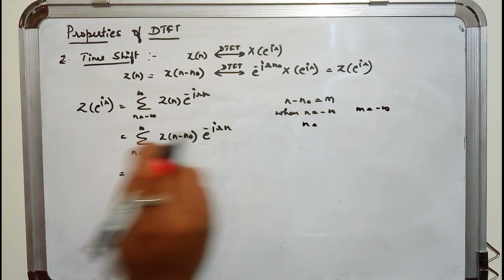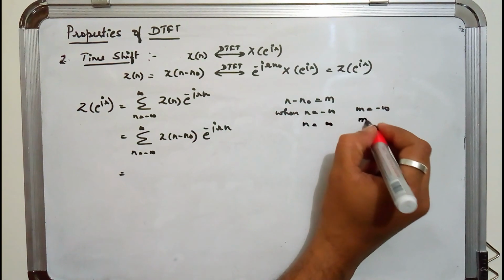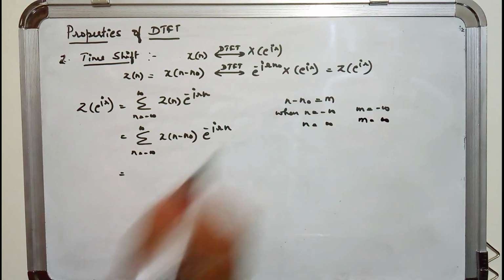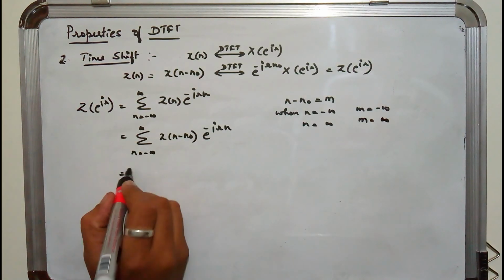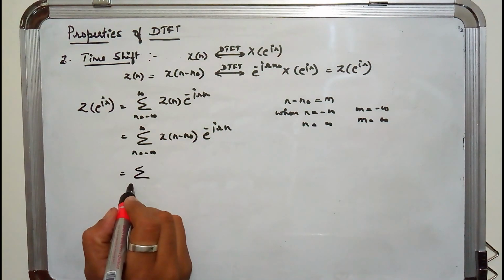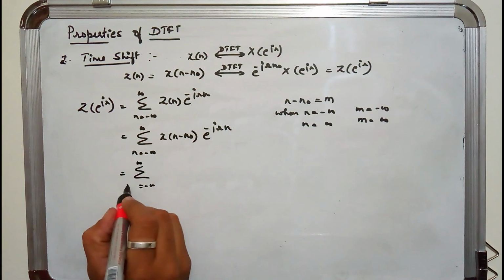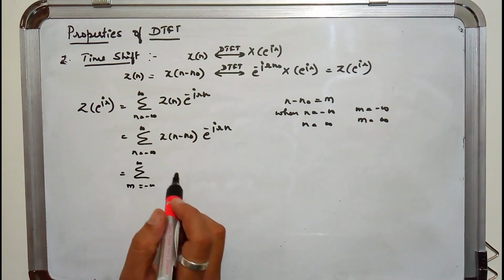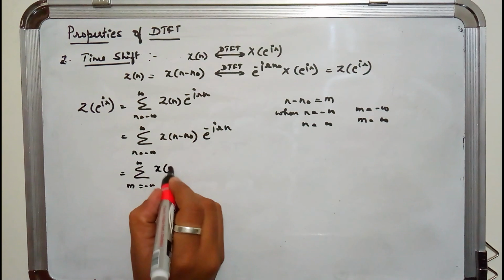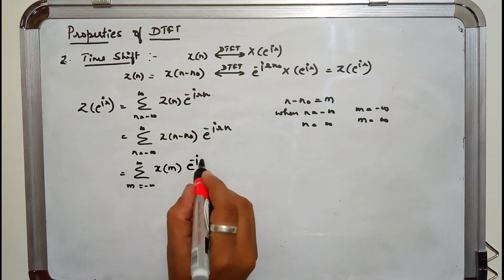So when n is equal to plus infinity, m will tend to infinity because it is infinity minus some small quantity n naught. So the limit of the summation will not change. It will be from minus infinity to infinity, but the variable changes to m because I have substituted n minus n naught as m. So x of m e power minus j omega.